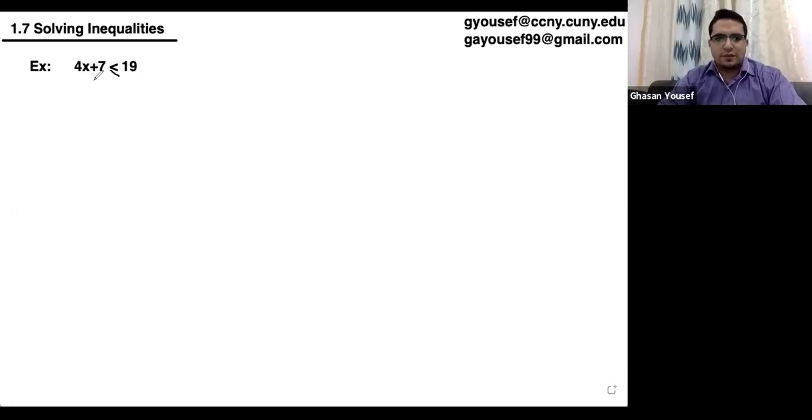This is an inequality because it looks like an equation, but instead of the equal sign, we replace it with smaller than or equal or greater than or equal.